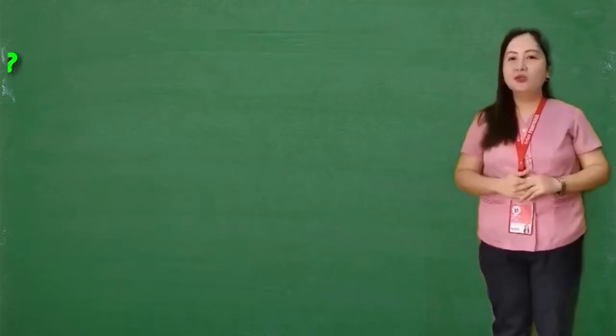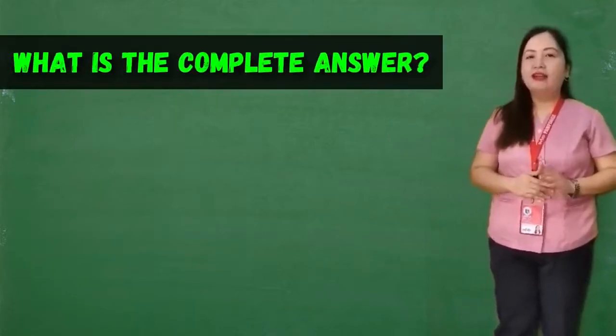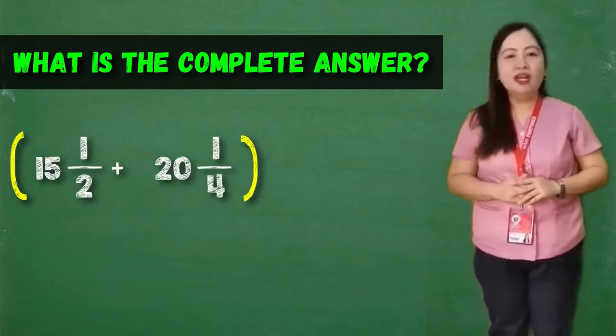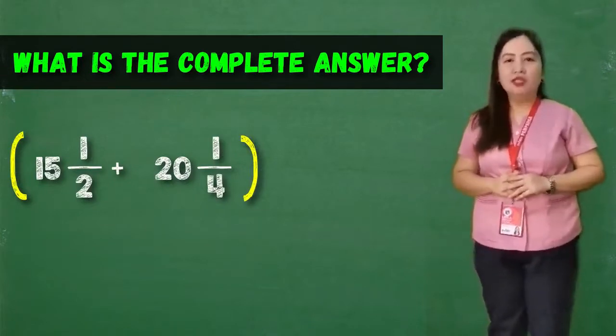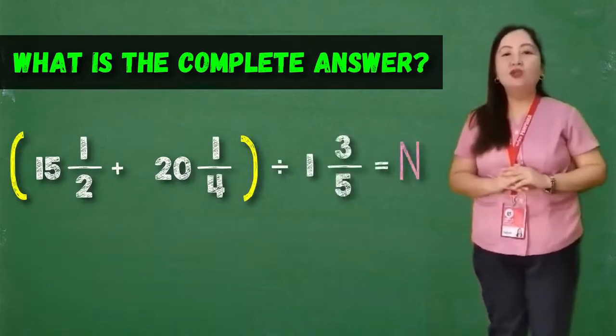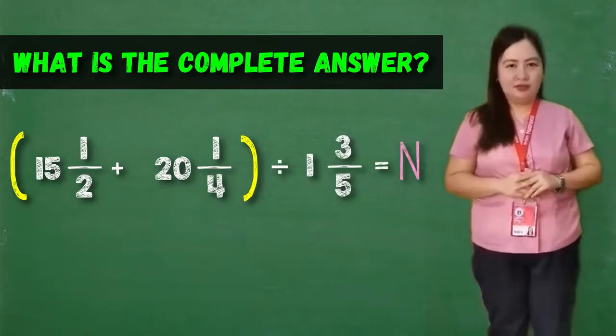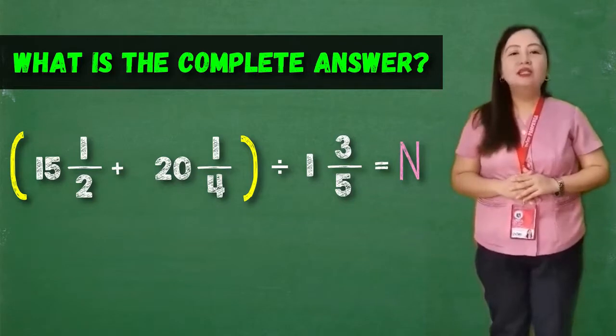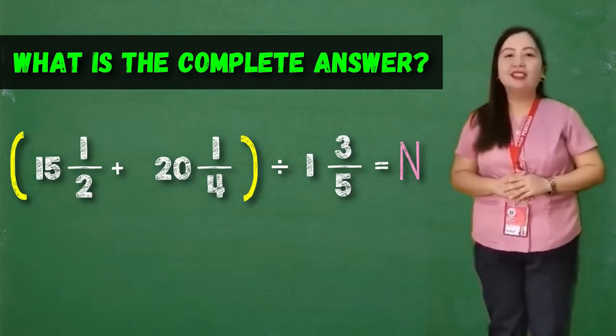So what is our complete answer? Again, let's have first the sum of 15 and 1/2 plus 20 and 1/4. After that, divide it by 1 3/5. How are we going to do it? Let's add the mixed fractions inside the parentheses.